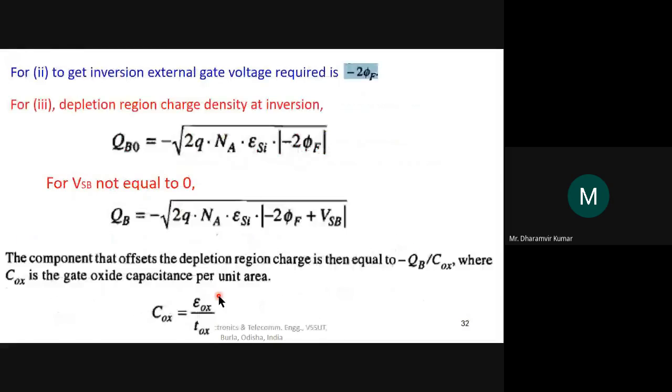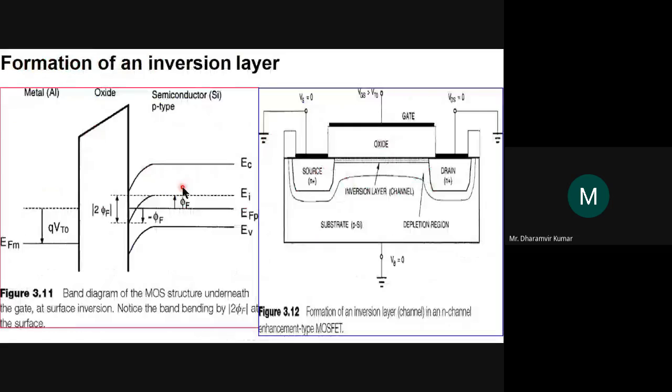Now to get inversion, the external voltage required is minus 2 phi f. We had just seen this two or three slides back. To form an inversion layer, what minimum value of energy is required? That is this phi f plus this phi f, that is 2 phi f.